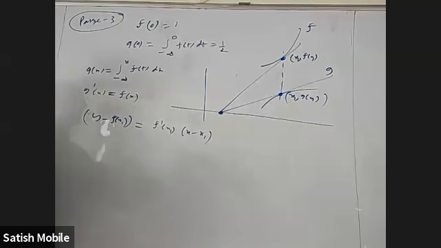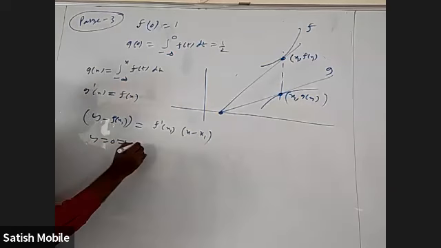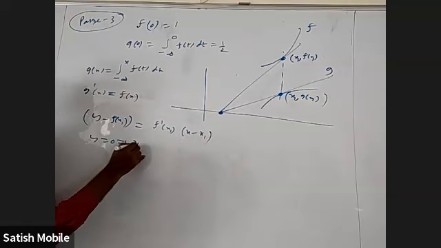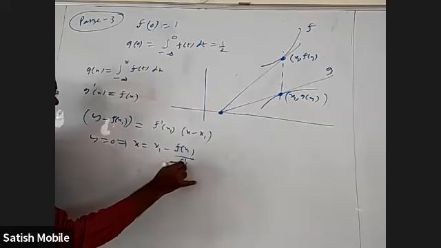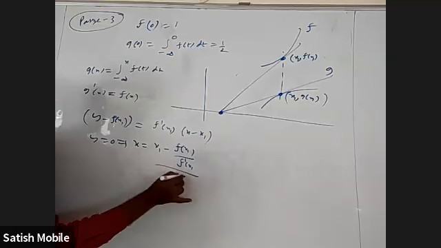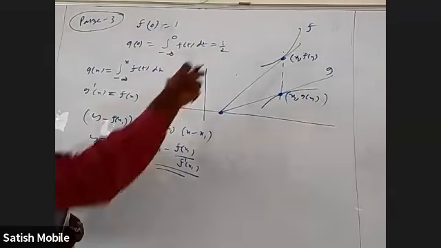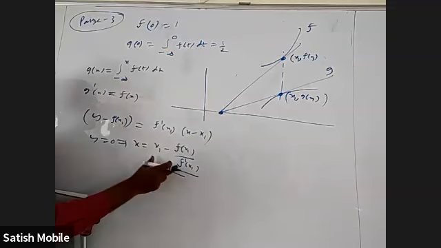If you want the x-intercept of the tangent, you have to put y equal to 0. When you put y equal to 0 and bring this down, that x coordinate will come as x1 minus f of x1 by f dash x1. So at any point on the curve y equal to f of x, you could draw the tangent where it intersects the x-axis and find the x-intercept.